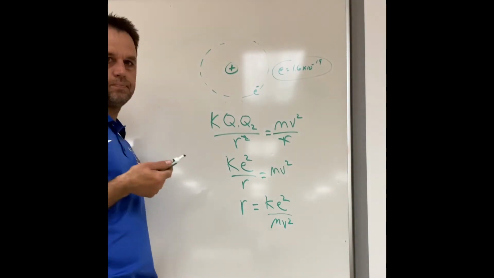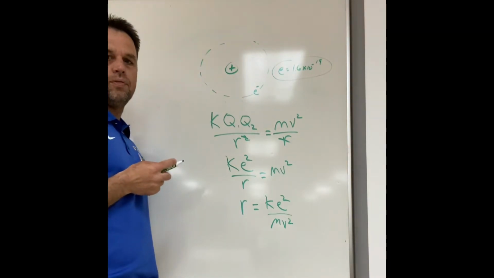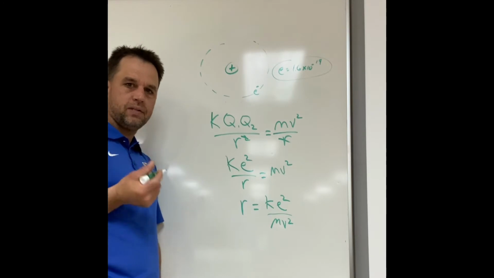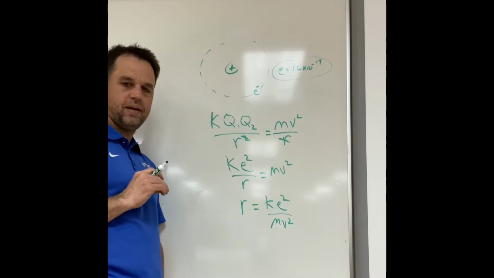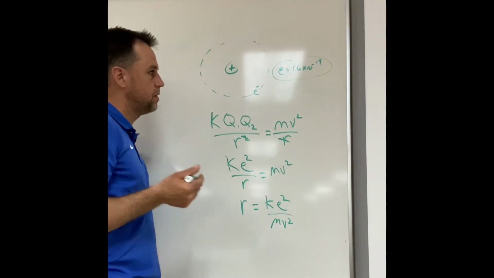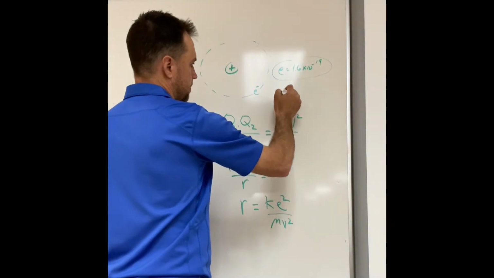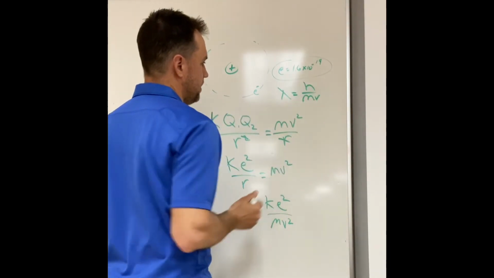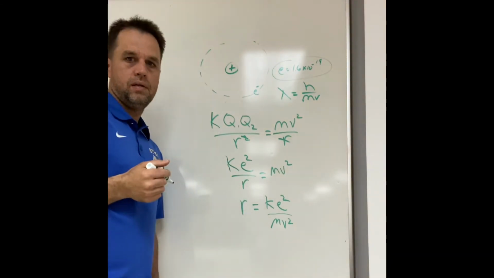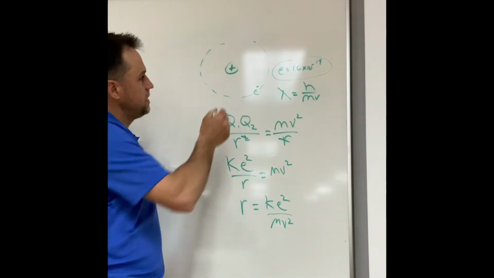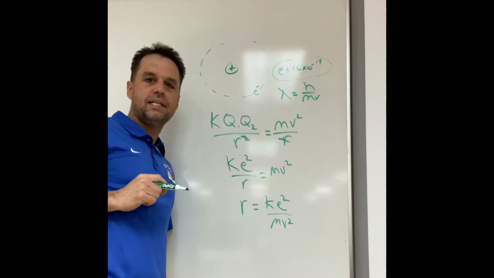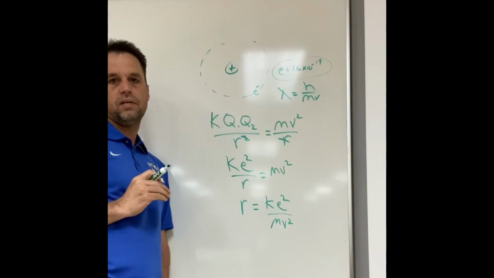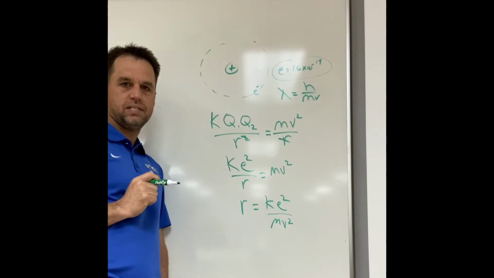Well, one thing that we knew from de Broglie is that you can calculate the wavelength of any object that has momentum by just saying that lambda equals h over mv. Well, what Bohr said was these orbits need to have an integer number of wavelengths in order to be a stationary state.